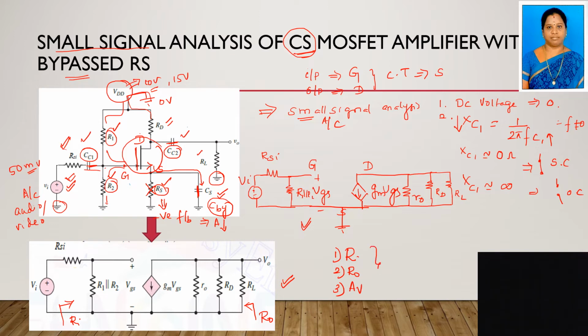By deriving these three parameters, we can analyze how suitable this common source MOSFET amplifier is for particular applications. Whether the input resistance is high, low or medium, whether the R naught is high or low, and how much voltage gain it produces, whether it is high or less, like that we are going to analyze. This is our objective.